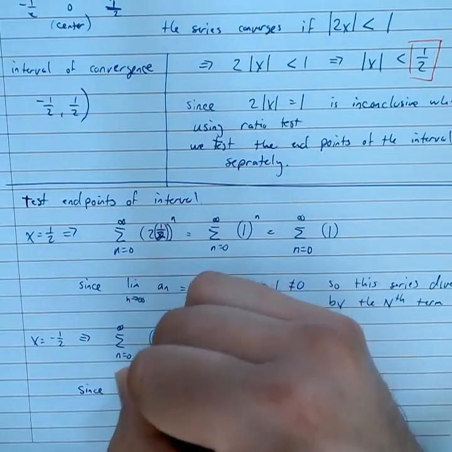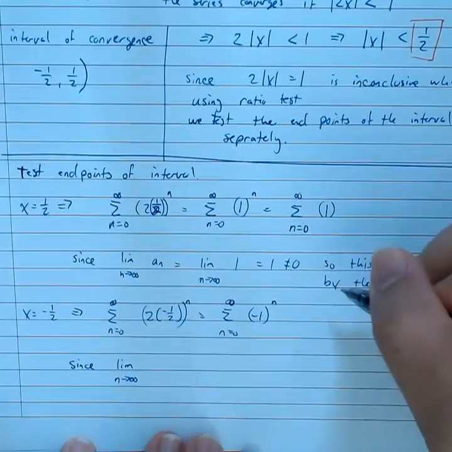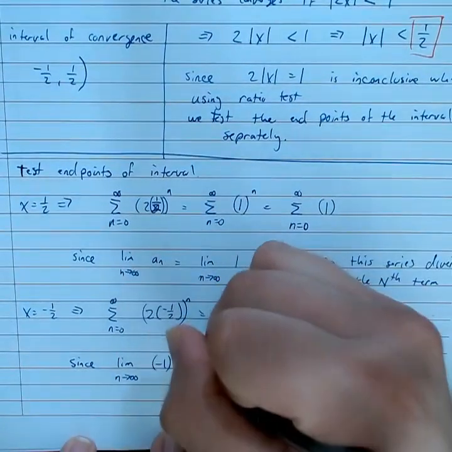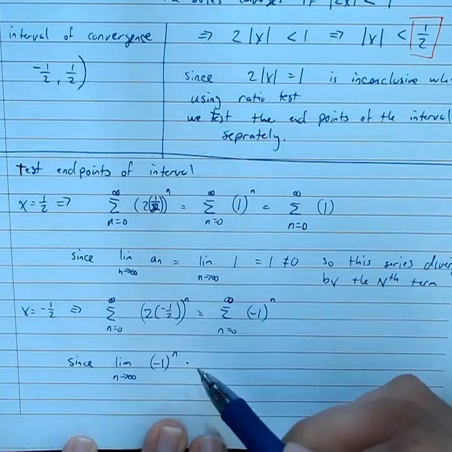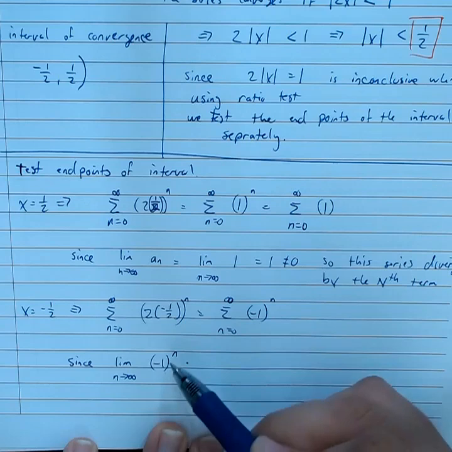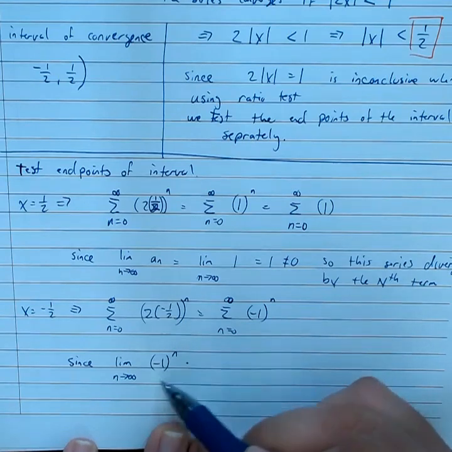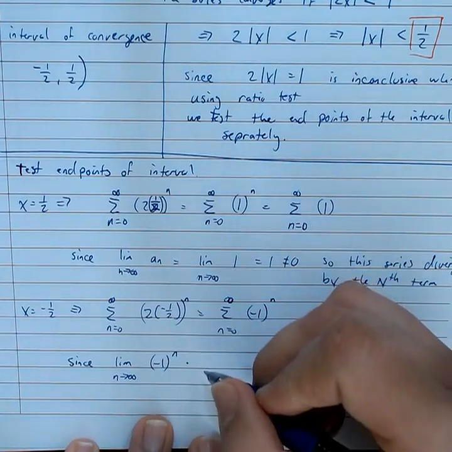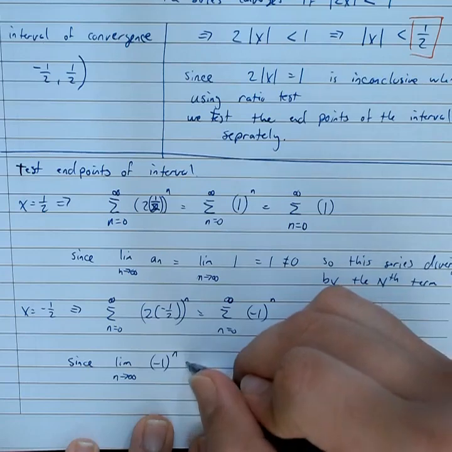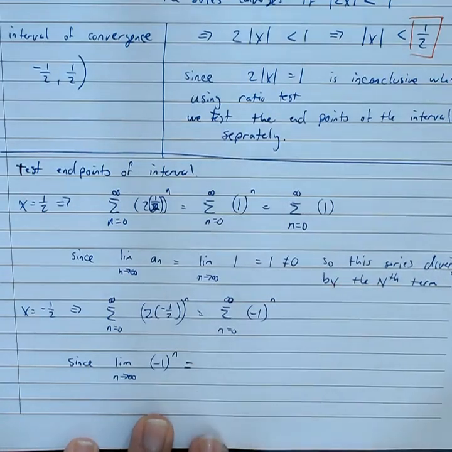Since the limit as n approaches infinity of -1 to the power n, notice this alternates back and forth between 1 and -1. Every time there's an even power, this is a positive one. If there's an odd power, that's a negative one. So here this will alternate back and forth between even and odd powers, meaning it'll alternate back and forth between positive and -1.